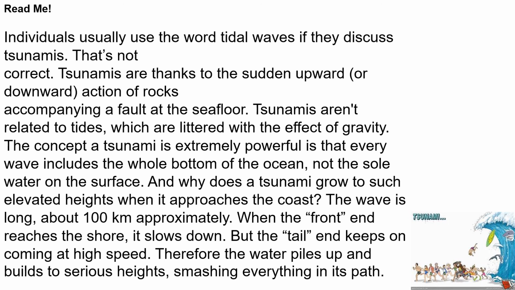So that is the reason. When it slows down, there is a rising of the water. But the tail end keeps on coming at a high speed. So the water piles up at the shore and builds to serious heights, smashing everything in its path.